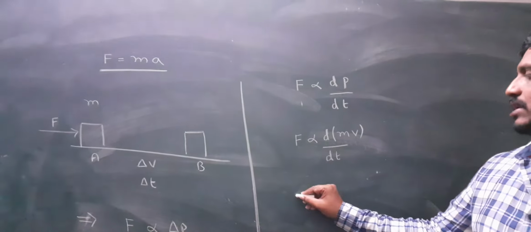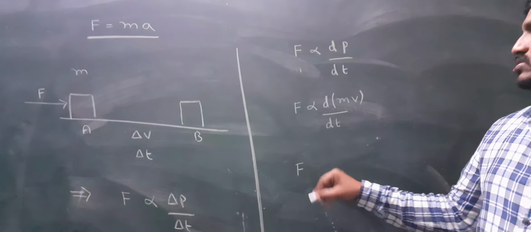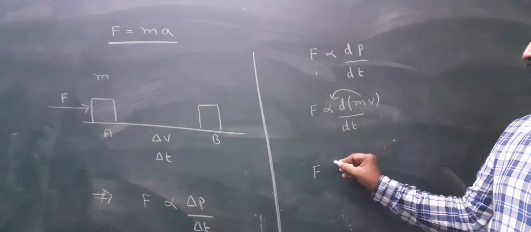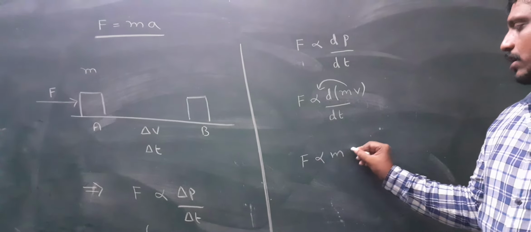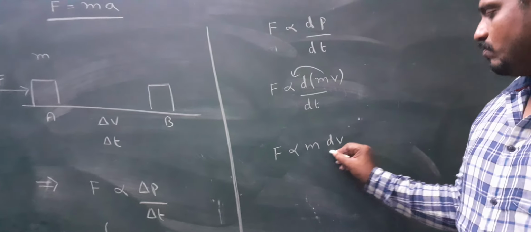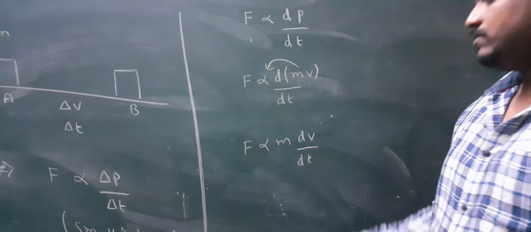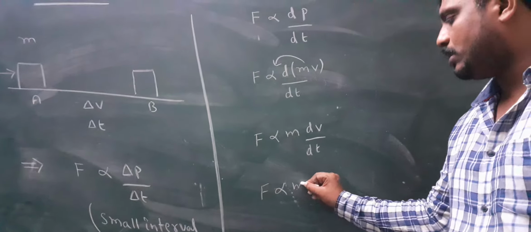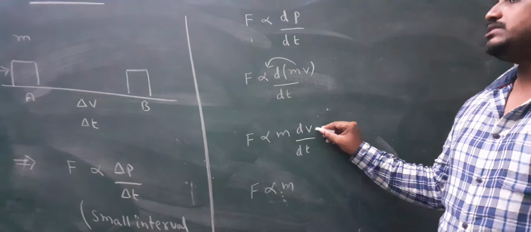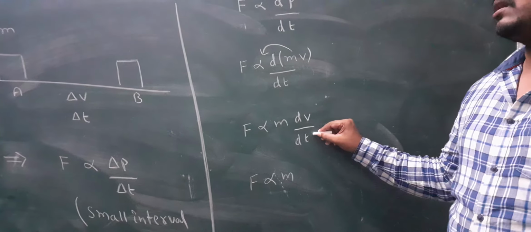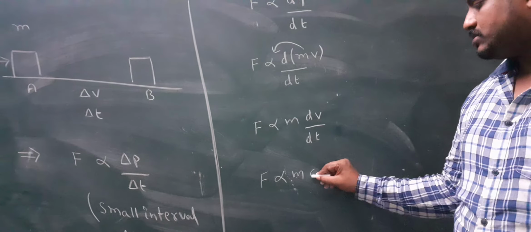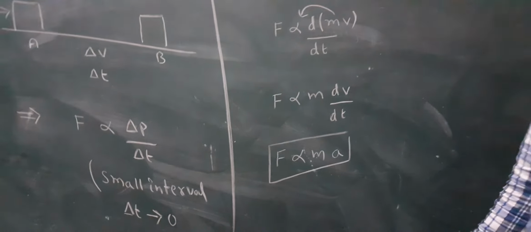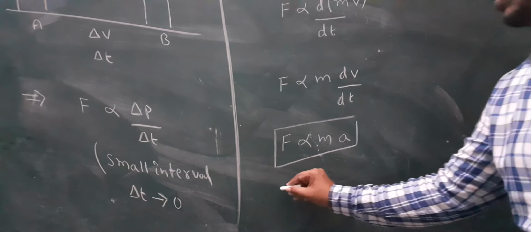Generally mass is a constant, so it goes outside: m times dv by dt. Here F is directly proportional to m, and velocity by time is called acceleration, simply a. This is the formula: F directly proportional to ma.